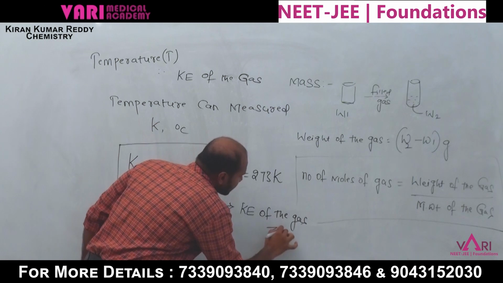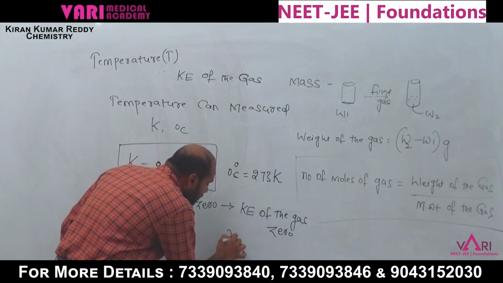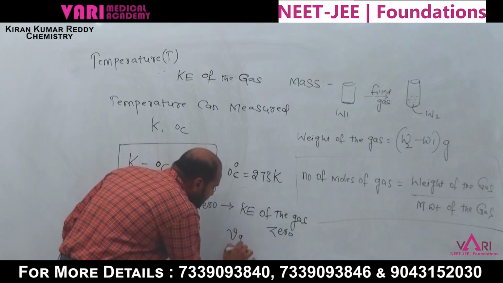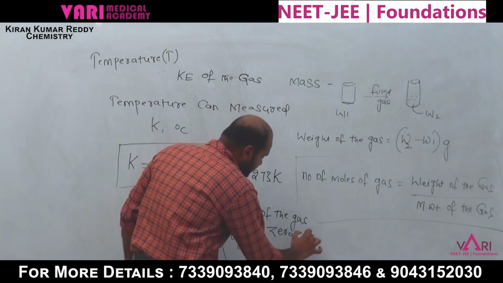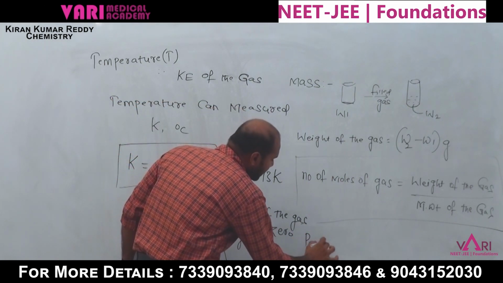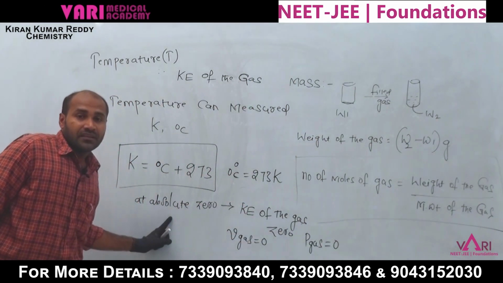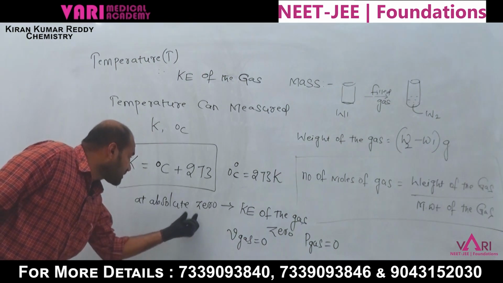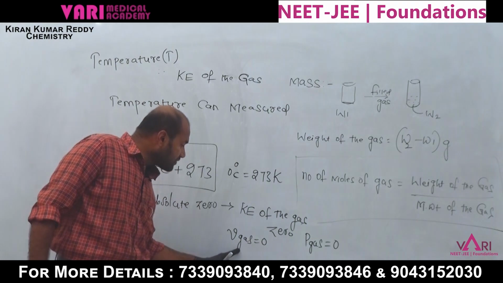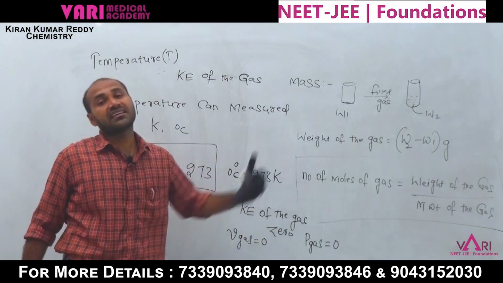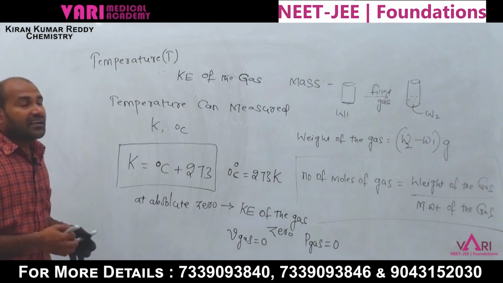The volume of gas is also zero. The pressure of the gas is also zero. At zero temperature, the kinetic energy of the gas is zero, volume of gas is zero, pressure of the gas is zero. This is another parameter to measure the gas.